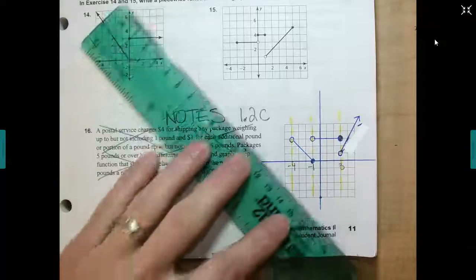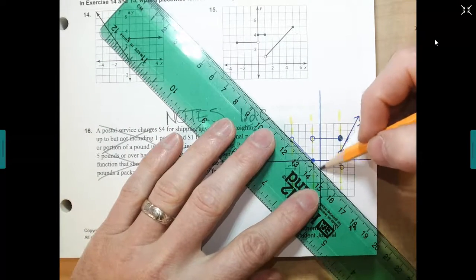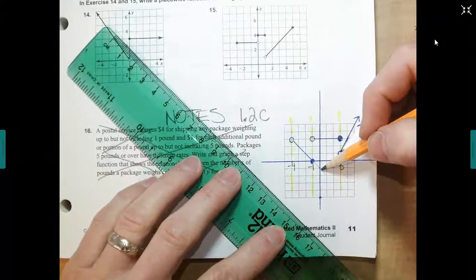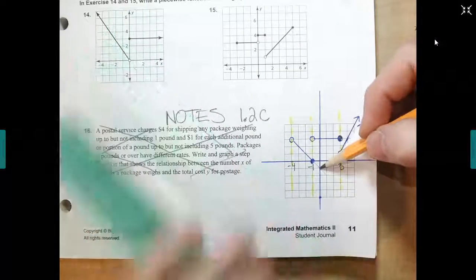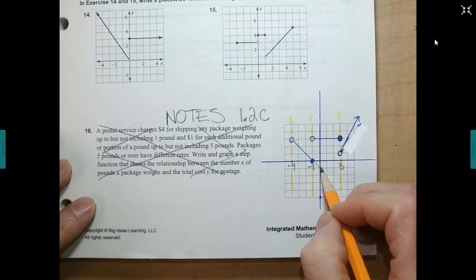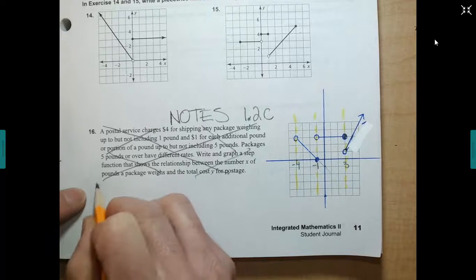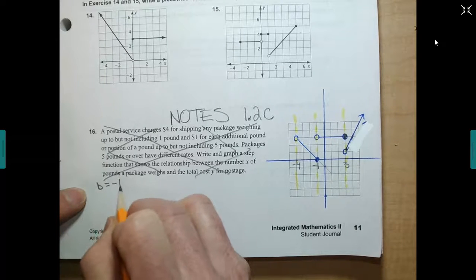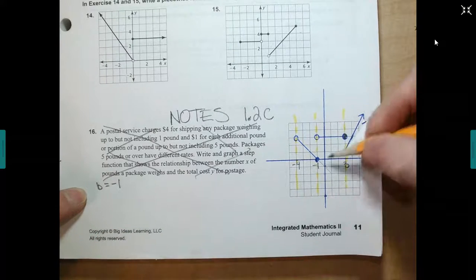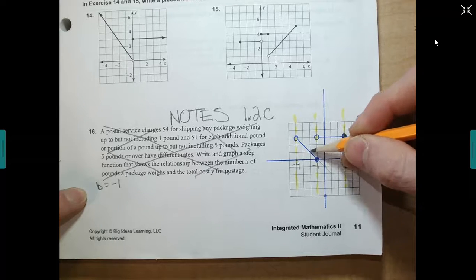I drew them in pen to see where they started and ended. But what I'm going to do is continue them on in pencil just so I could see my y-intercept. So for this equation, I have a y-intercept of -1. And then I have a slope of +1, -1, +1, -1.